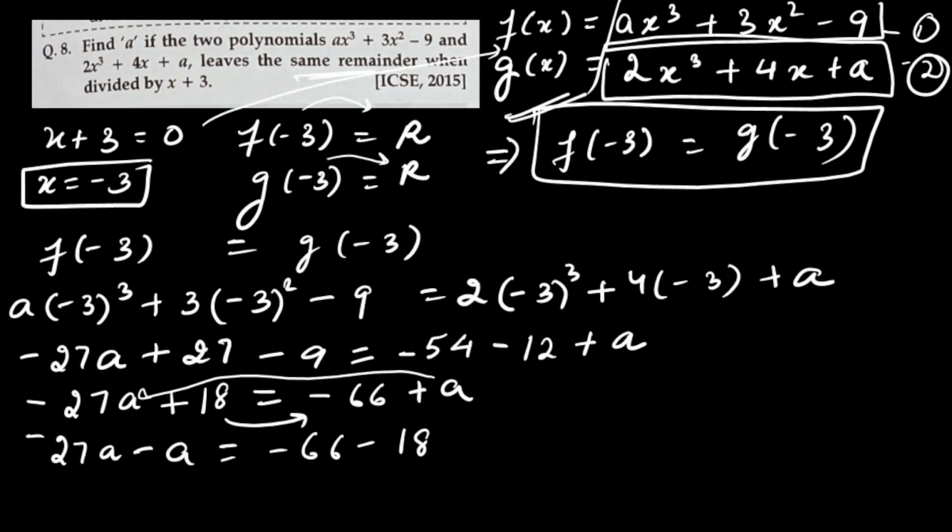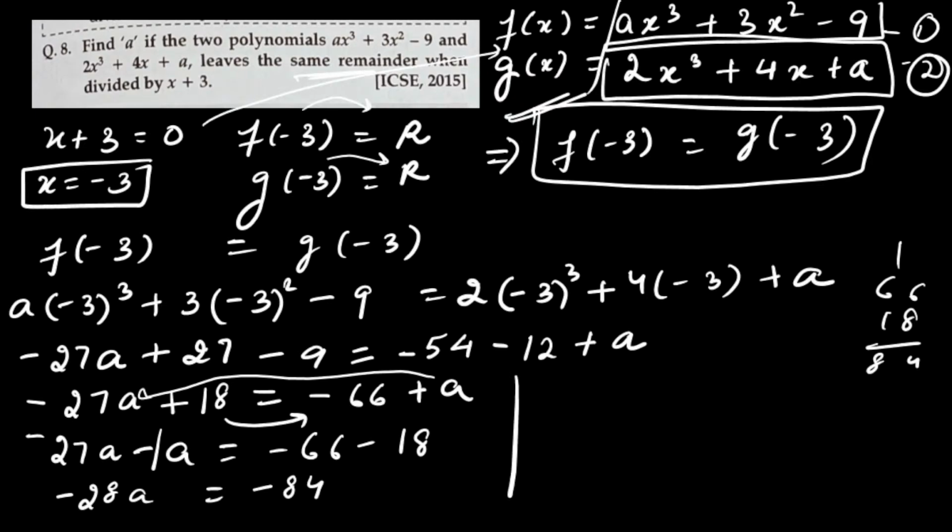Good. We'll see. So minus minus here is plus. So minus 28a, because a means 1a. So minus 27 minus 1 is minus 28. So here also minus minus plus. So 66 plus 18 we will do, 84. So minus 84. Let's shift 28 to the other side.